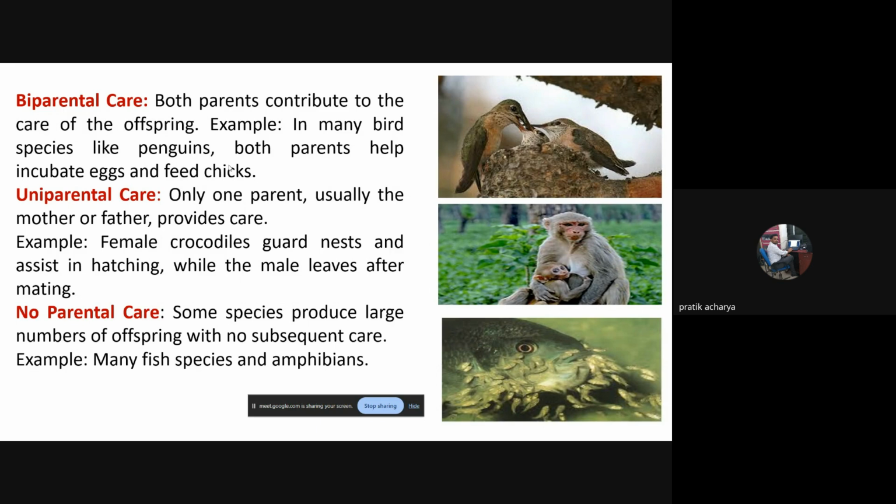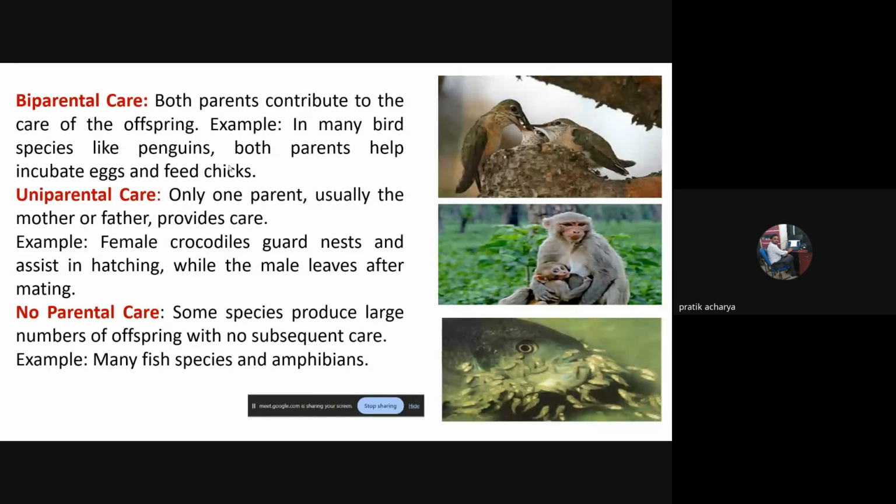That is biparental care. In certain birds, biparental care is also found. Uniparental care, only one parent, usually the mother or father, provides care, either mother or father. In certain organisms, they provide the care. That kind of care is known as uniparental care.